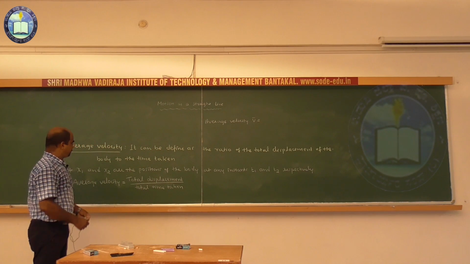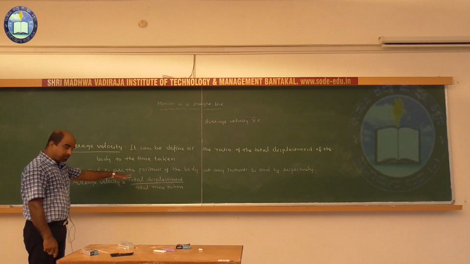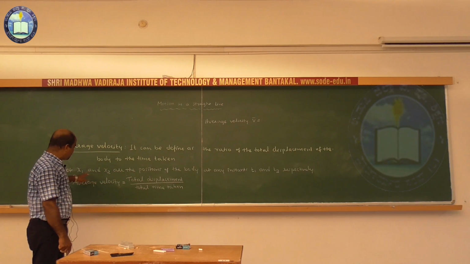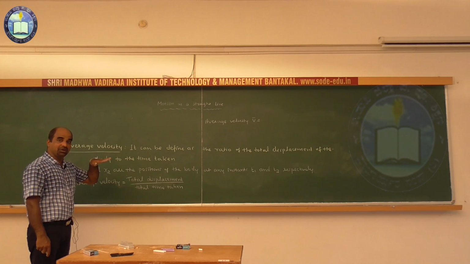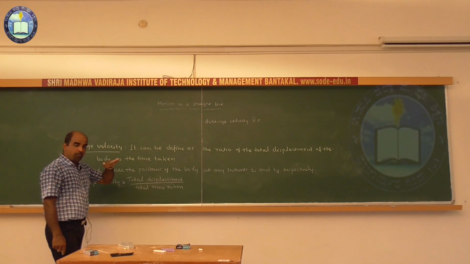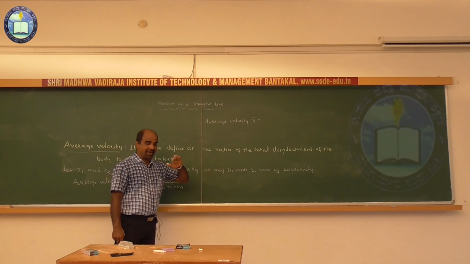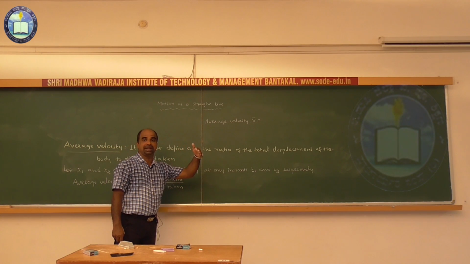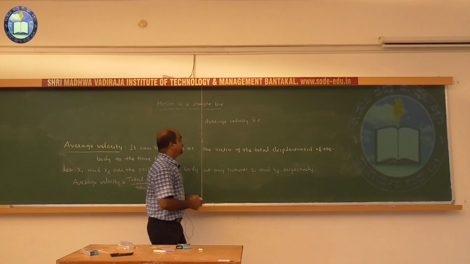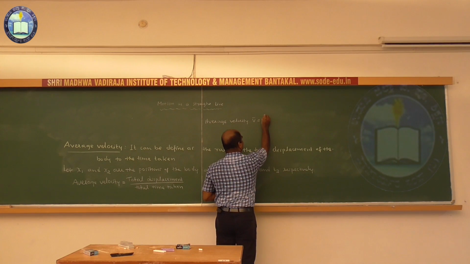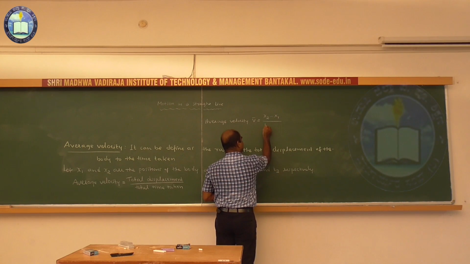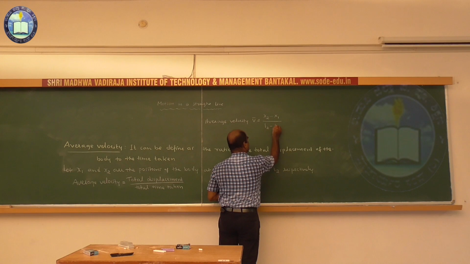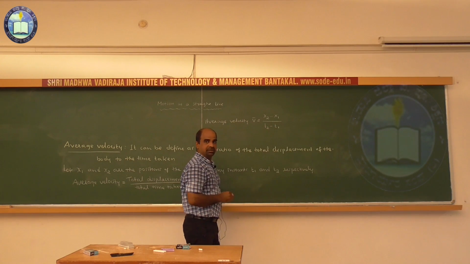We are assuming that x1 and x2 are the positions of the body at instants t1 and t2 respectively. The position of the body changed from x1 to x2 in time t1 to t2. Then average velocity is given by the change in position, x2 minus x1, divided by the time taken, t2 minus t1.